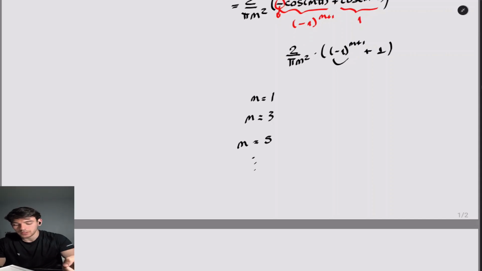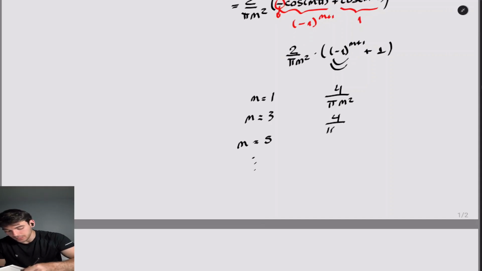This will give us 1, so we'll have 1 plus 1, 2, 2 times 2, 4, so we'll have 4 divided by pi n squared. If we have n equals 3, we'll have minus 1 to the power of 3 plus 1, that's minus 1 to the power of 4. That's 1. 1 plus 1, 2. 2 times 2, 4. So 4 divided by pi n squared. This will happen for all odd numbers. So if n is odd, then our Bn equals 4 divided by pi n squared.